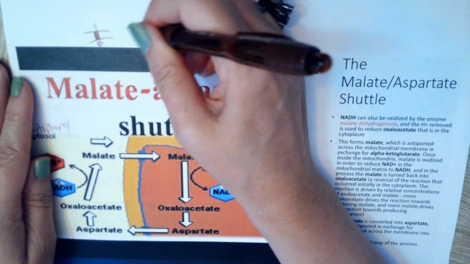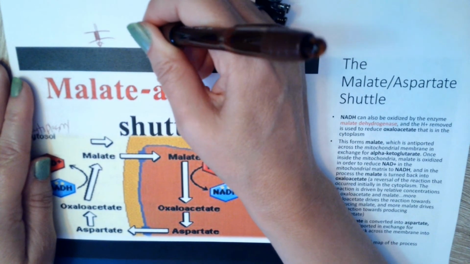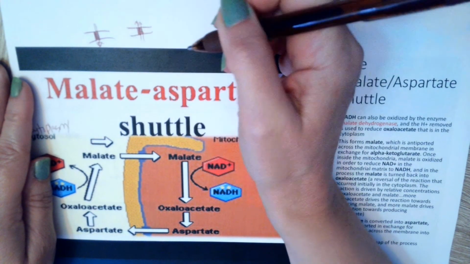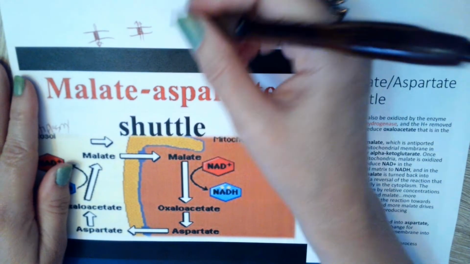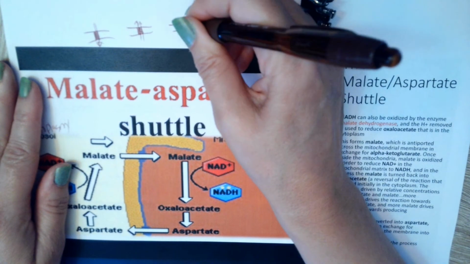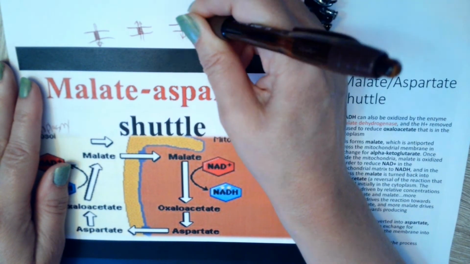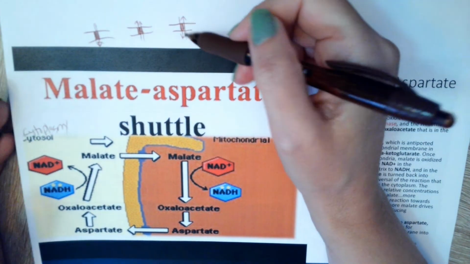We could have two molecules moving. Maybe they're going in the same direction. Maybe they're both moving, say, out. Or we can have two molecules moving in opposite directions. Or this could be more than two.